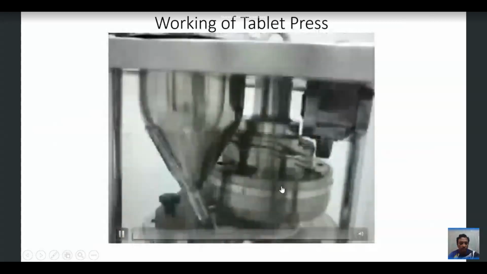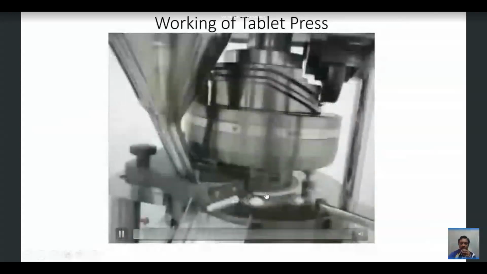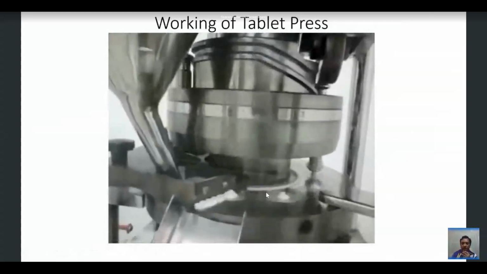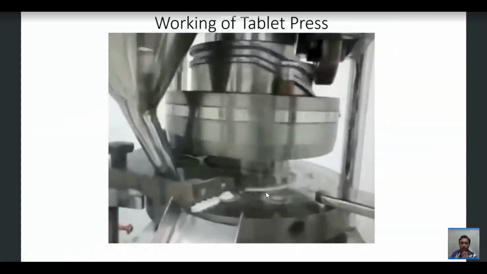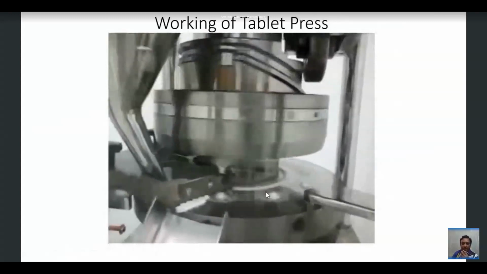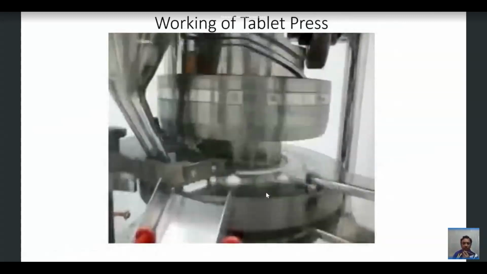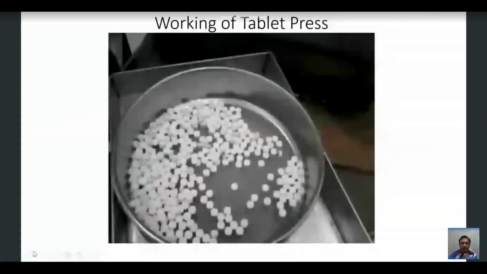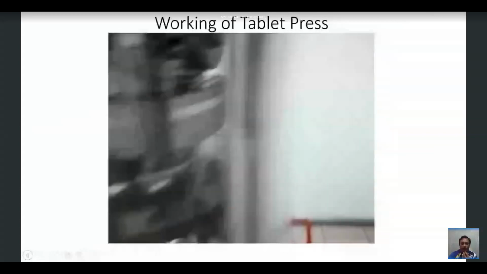This is the 8-station tablet machine, which I have been using to give a demonstration to my students working in International Medical University, Kuala Lumpur. And here, in this video, you are seeing how the tablets are being manufactured at lab scale for academic purposes. As I told you, you can see that this is the turret.